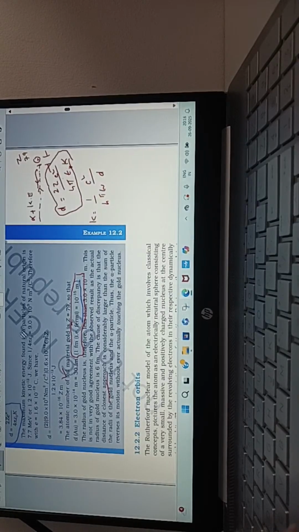Substitute the values in this formula. There is a 2 in the equation, and this is 1 by 4 pi epsilon naught. This is E square, where E is the charge of the electron, and Z is 79. If you substitute, you will get this. So the final answer comes to 10 to the power of minus 15.